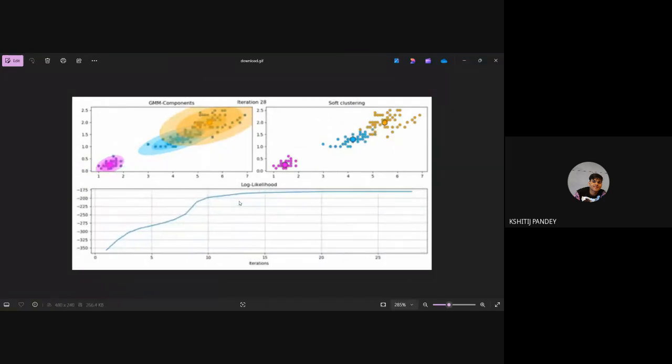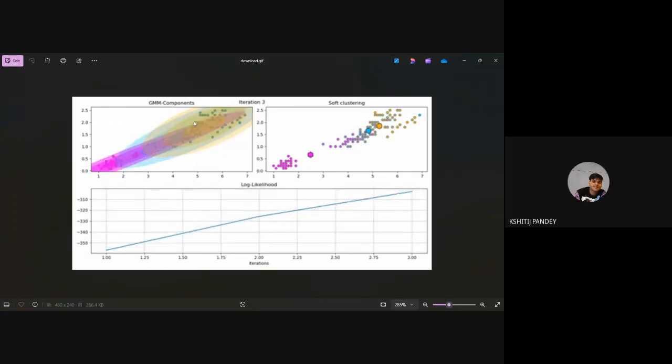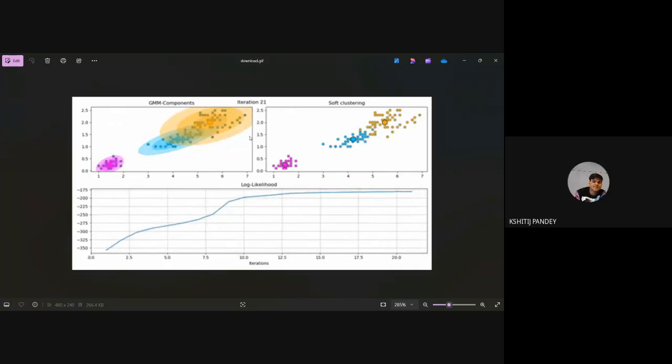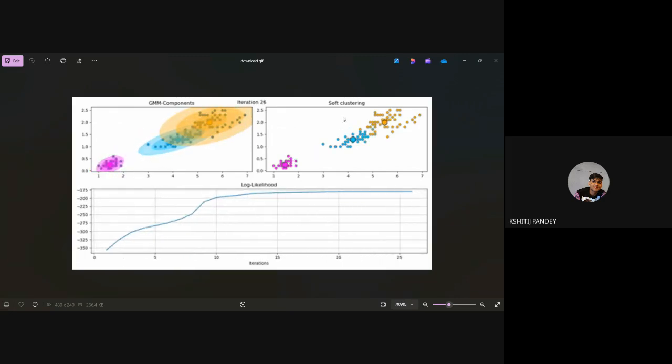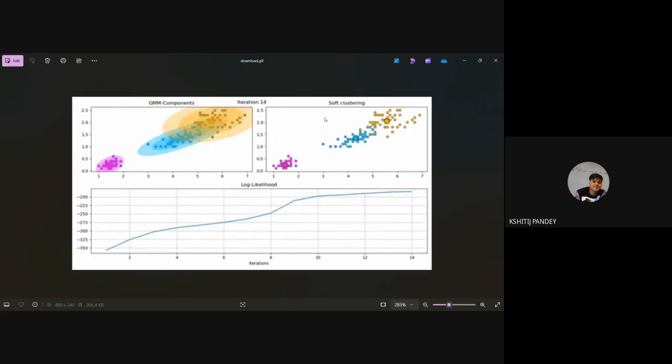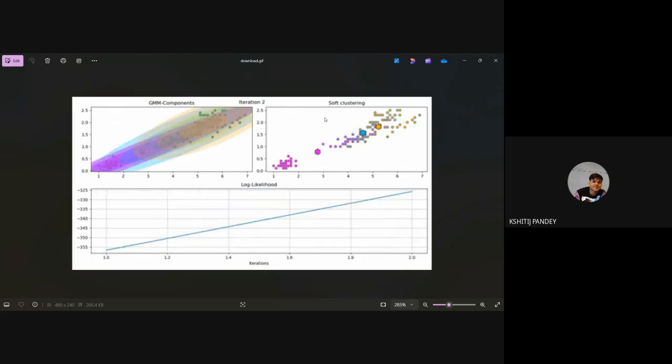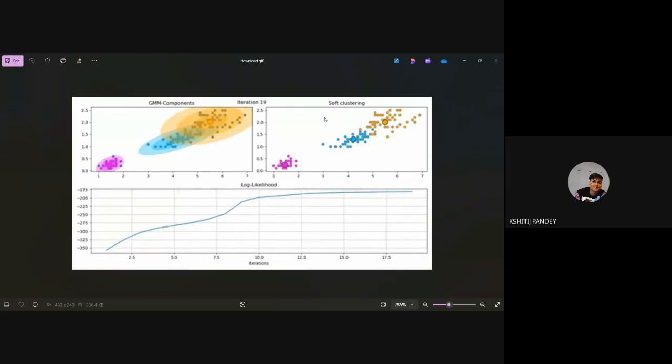Hello. Yes. So this is how your EM algorithm does clustering. On one side you have soft clustering, and what do we mean by soft clustering? Here you don't put any point directly.